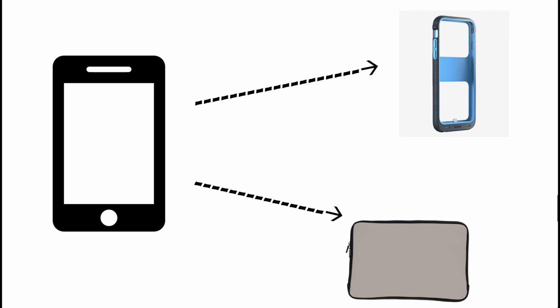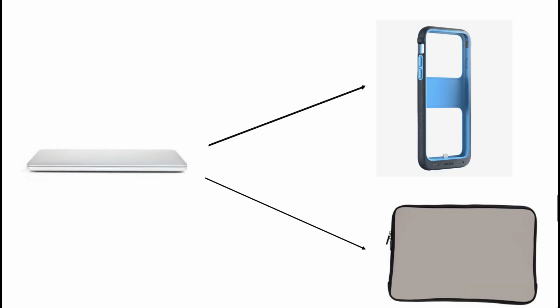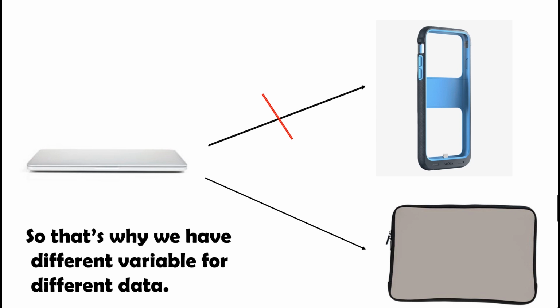But there is a laptop, and we know that we can store that laptop in the laptop bag, but can we store the laptop in the mobile cover? No, we cannot, because if we want to store the laptop in the mobile cover, then we have to cut some part of the laptop so that we can fit it in the mobile case. So that's why we have different variable types for different data types.